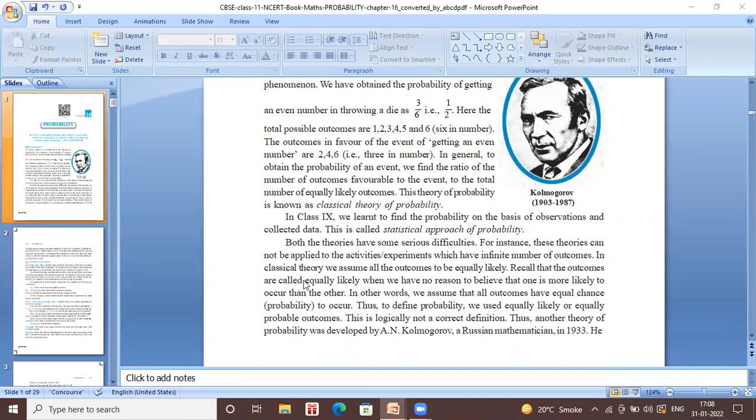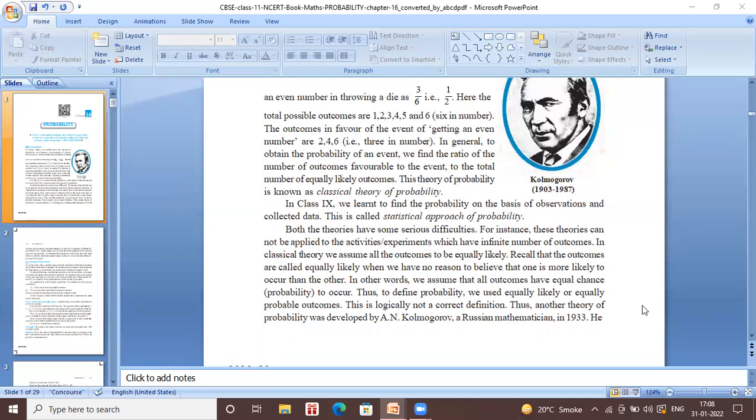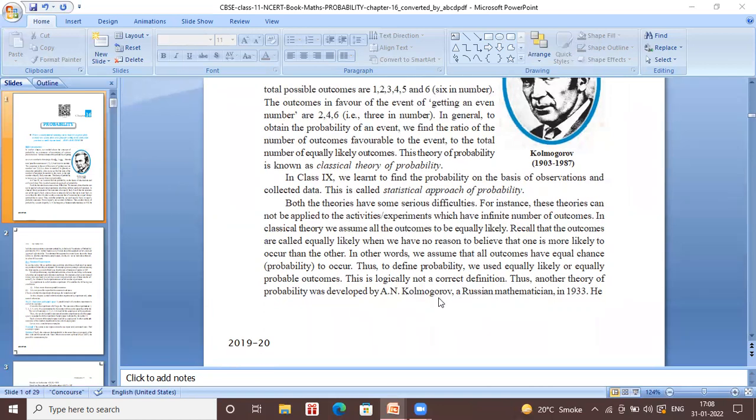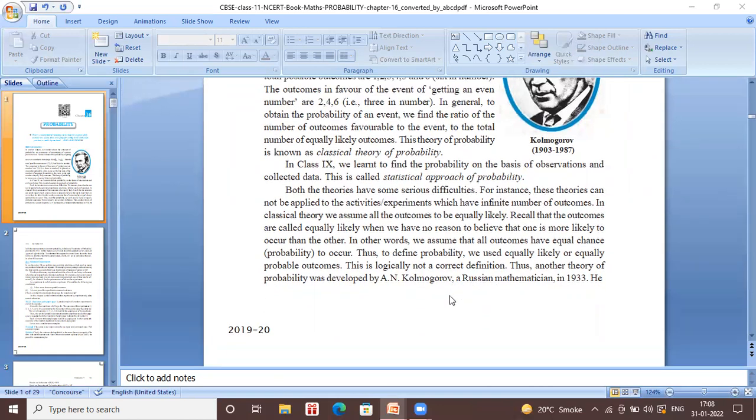Recall that the outcomes are called equally likely when we have no reason to believe that one is more likely to occur than another. In other words, we assume that all outcomes have equal chances to occur. Thus, to define the probability, we used equally likely or equally probable outcomes. This is logically not a correct definition.